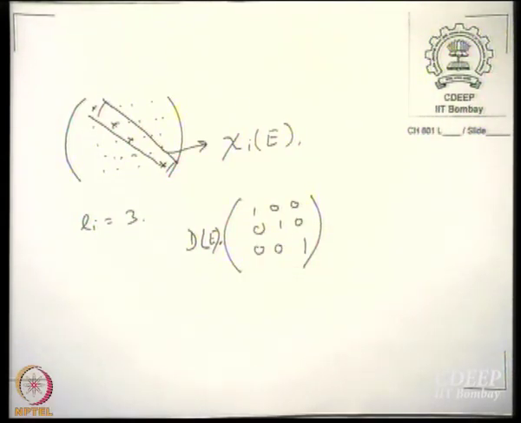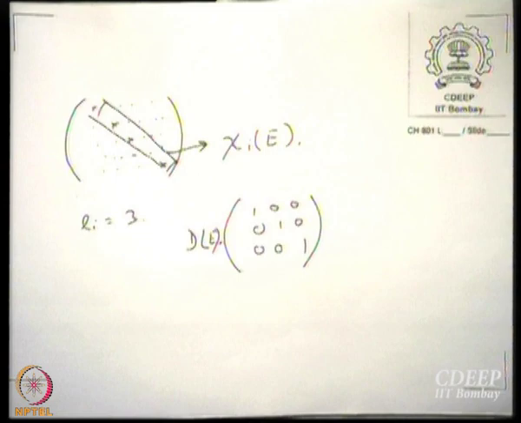So what is chi of this matrix? 1 plus 1 plus 1, 3, right? If instead of 3 I say 29, I don't know of any 29 dimensional irreducible representation, that is a different issue, but let us say it is 29. Will this still hold? The character of the unit matrix will be equal to the dimensionality, it will be 29 in that case. Is that right?